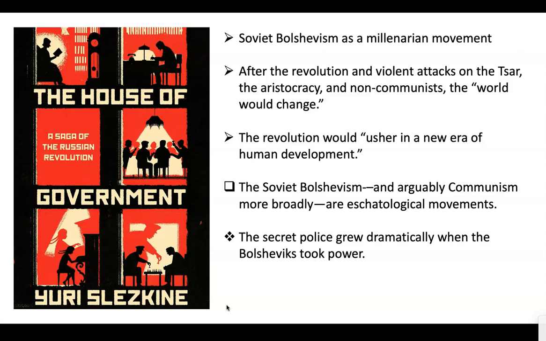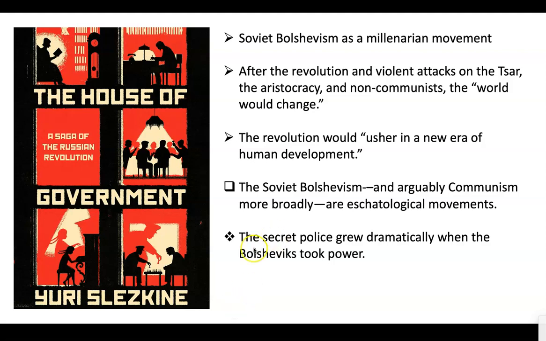And this book is fascinating because it looks at a lot of letters and diaries and so on. And you hear people thinking that this revolution is going to lead to a perfect world, essentially. So we can consider this an eschatological movement, basically an end times movement, overthrow the government, peace and harmony after that.